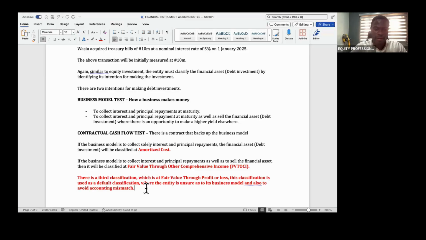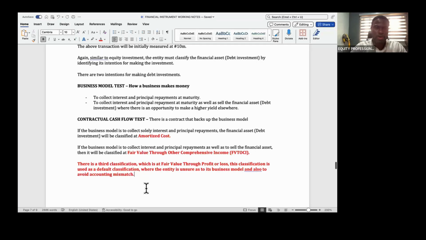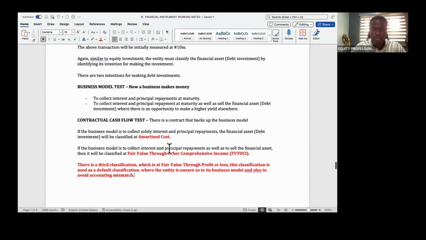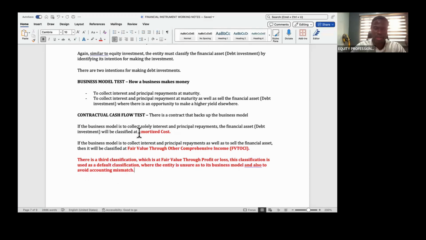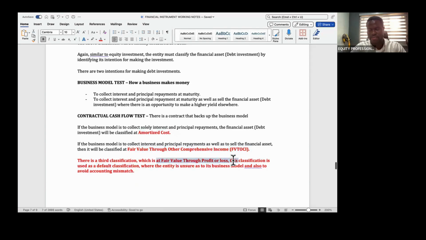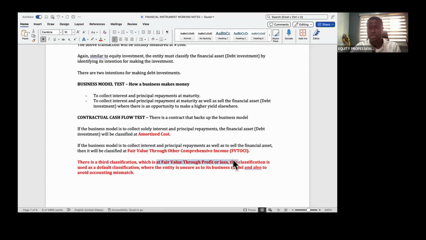So summarily, that means when you have a debt investment, a financial asset that is a debt investment, there are three classifications: you're classifying it at amortized cost, or at fair value through OCI, or at fair value through profit or loss. And ultimately, what determines your classification is your business model.